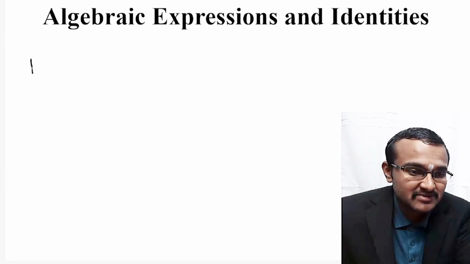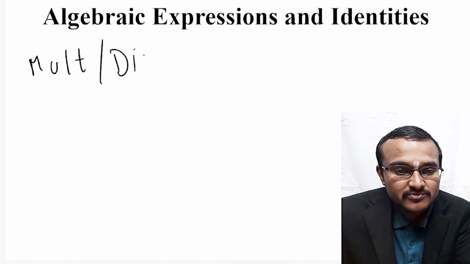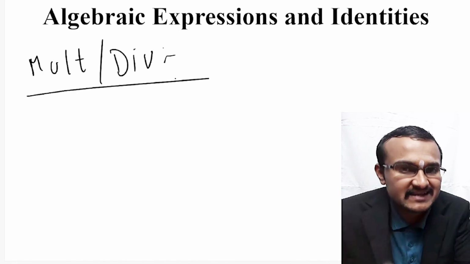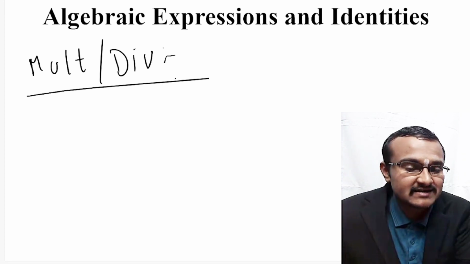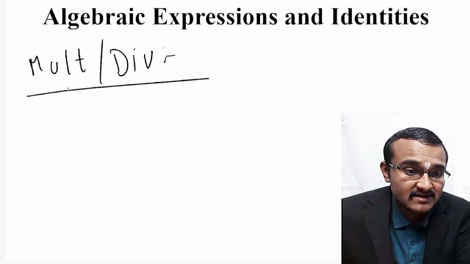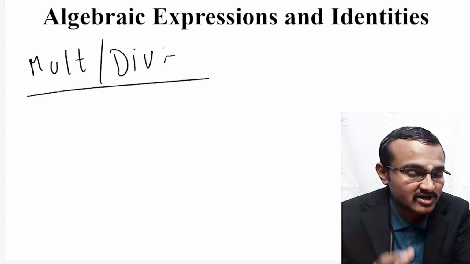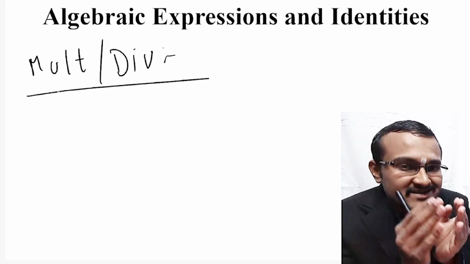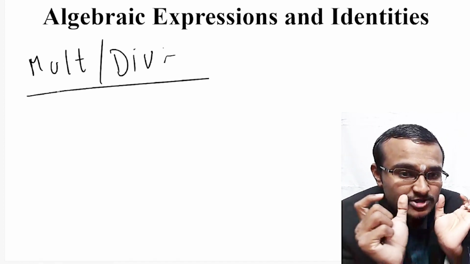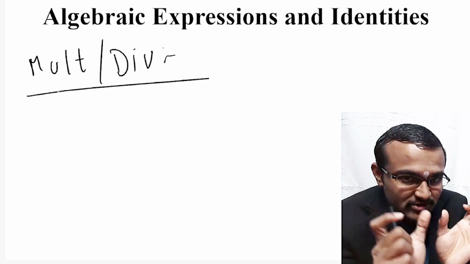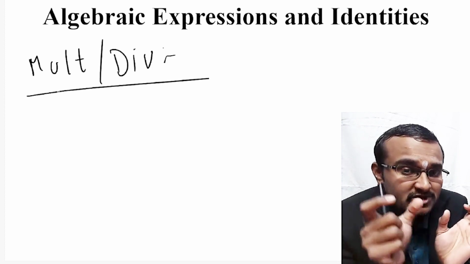Coming to multiplication and division of algebraic expressions: if you want to multiply or divide any two, three or more algebraic expressions, you can directly multiply and divide the numbers in them. But when you perform addition between two terms, you should be sure about the terms.